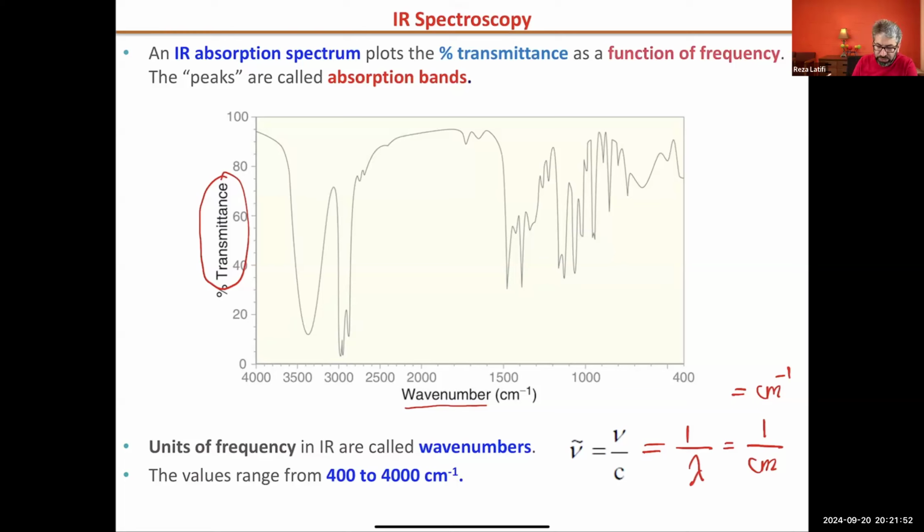Okay, now how do I read this? We have some wave numbers, and as you go to the left side, the bond gets stronger. Bonds get stronger. That means in this range, they are weaker, or you can say you need less energy to vibrate it.